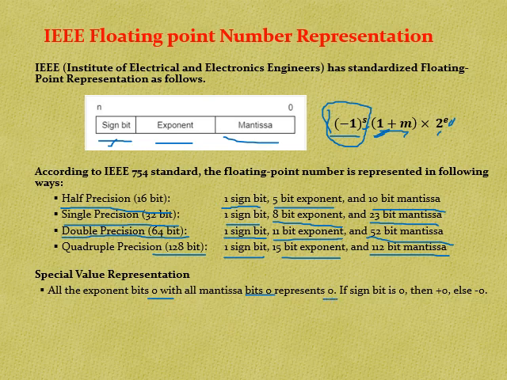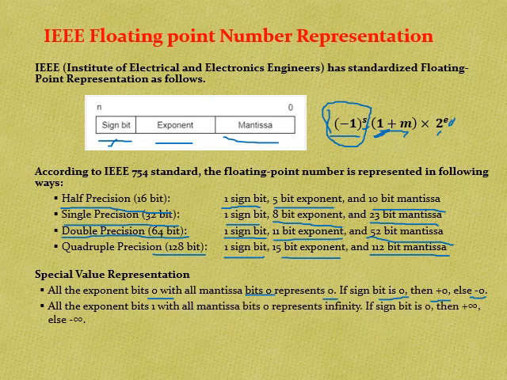Depending on the sign bit, the number will be either +0 or -0. Next, if all the exponent bits are 1 and the mantissa bits are 0, this represents infinity. If the sign bit is 0, then it is +infinity, and if the sign bit is 1, then it is minus infinity.